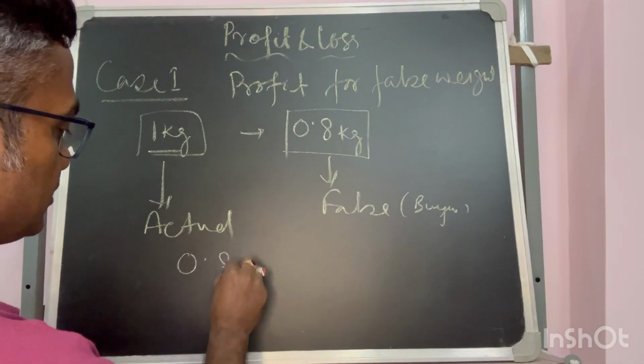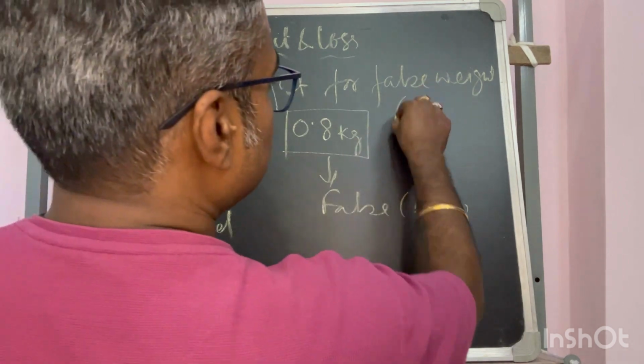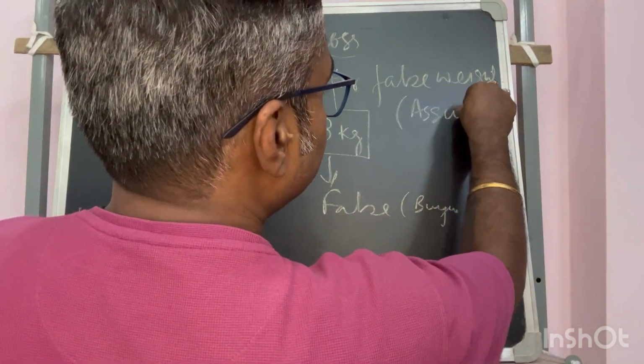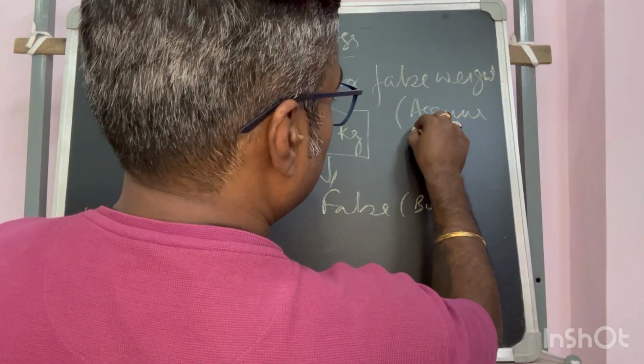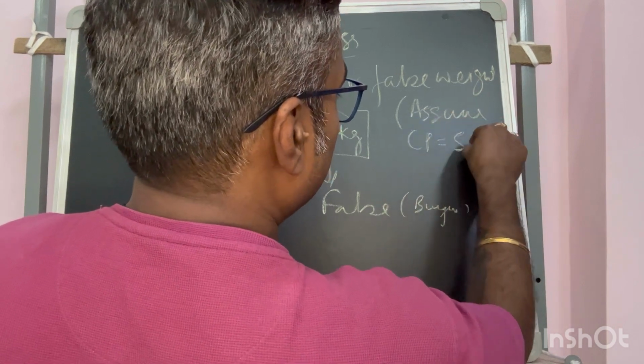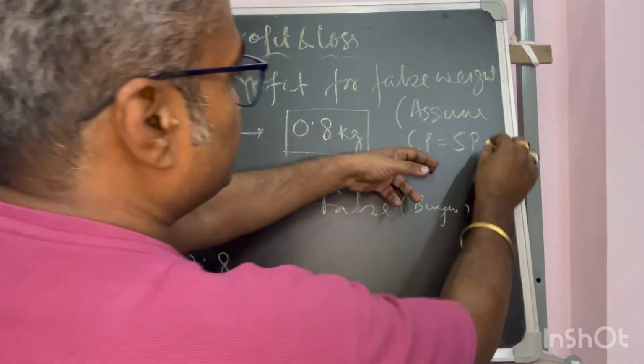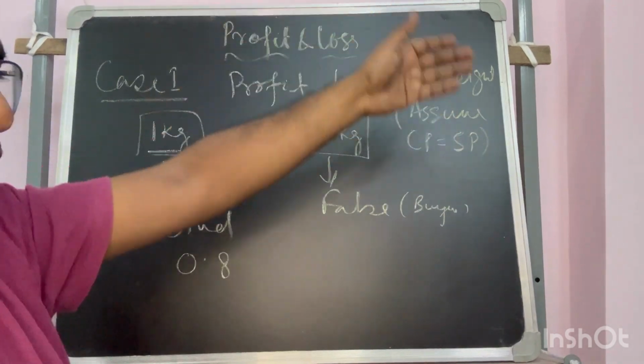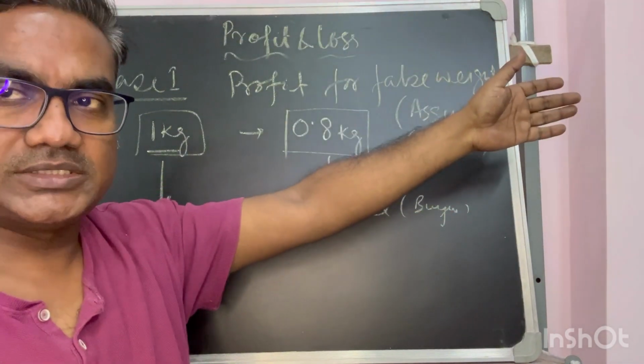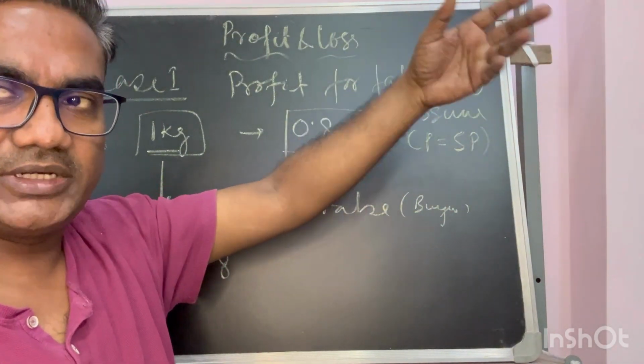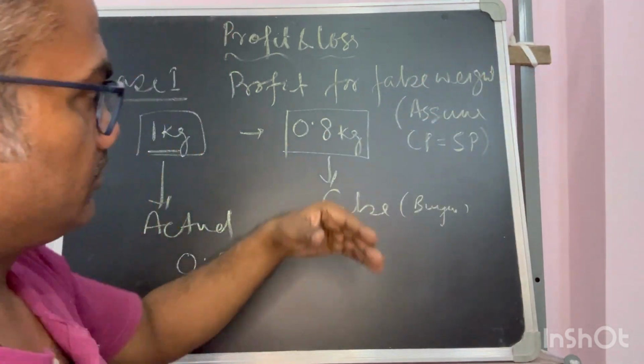In this case, we'll assume the cost price is equal to the selling price. This is what I will assume first, because we are not varying the selling price with a profit margin. That will be a different case that I will come to later.